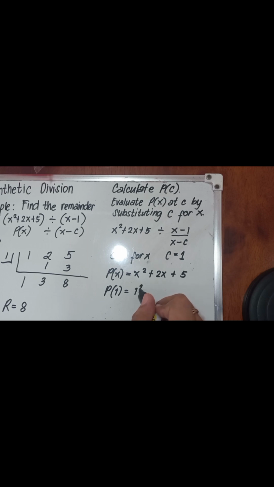So you'll get 1 squared plus 2 times 1 plus 5. That is 1 plus 2 plus 5. So our P of c, or our remainder, is 1 plus 2 plus 5, which is equal to 8.